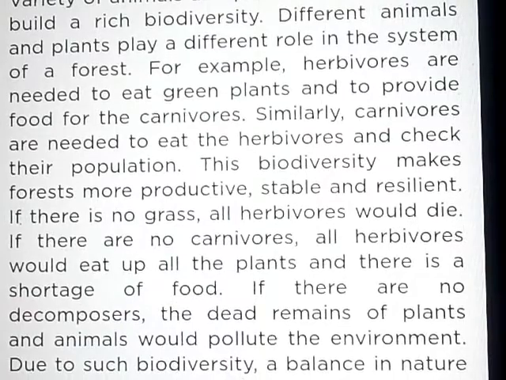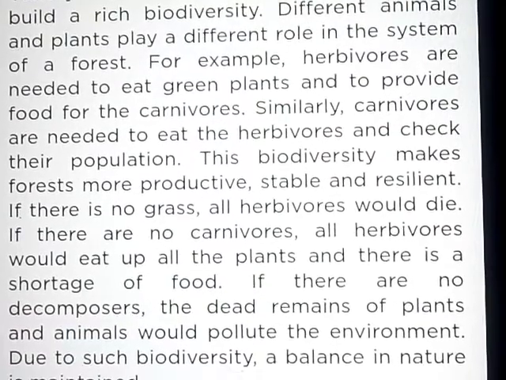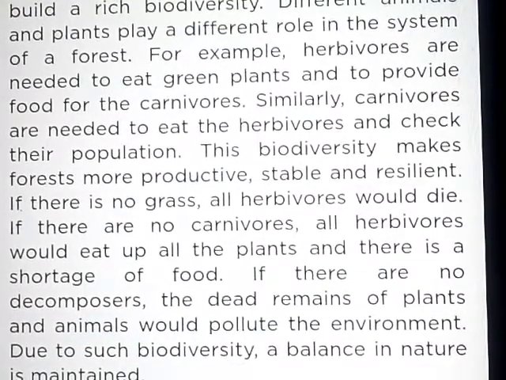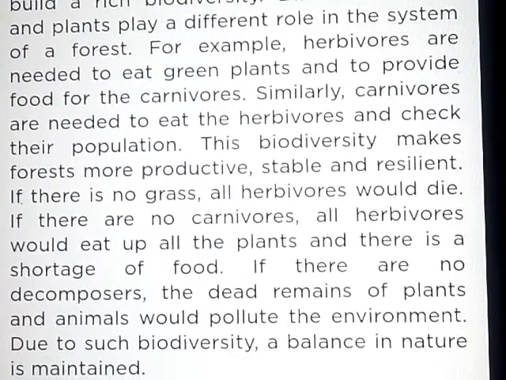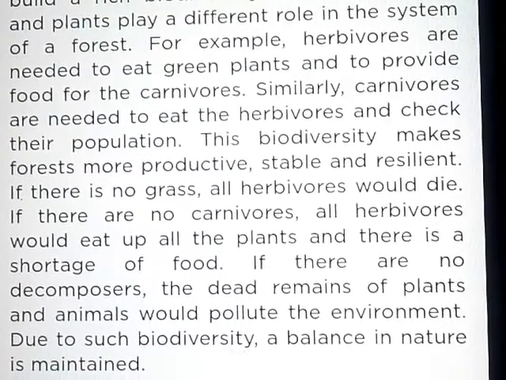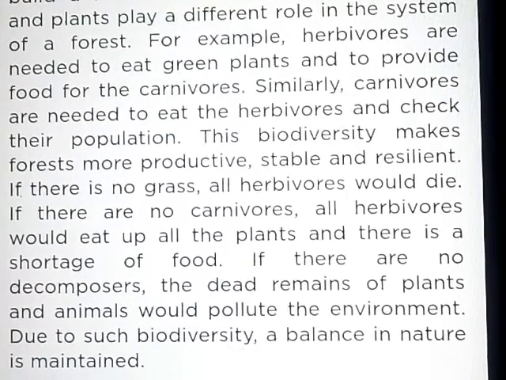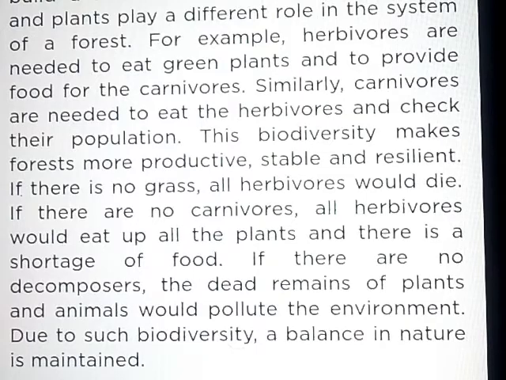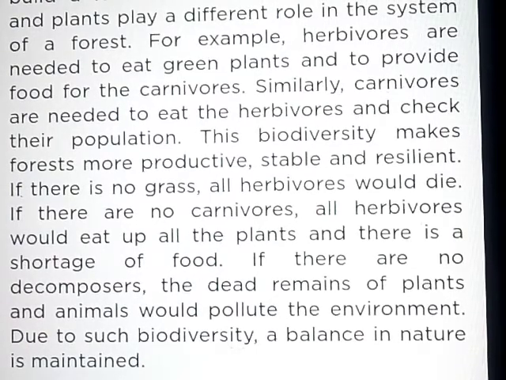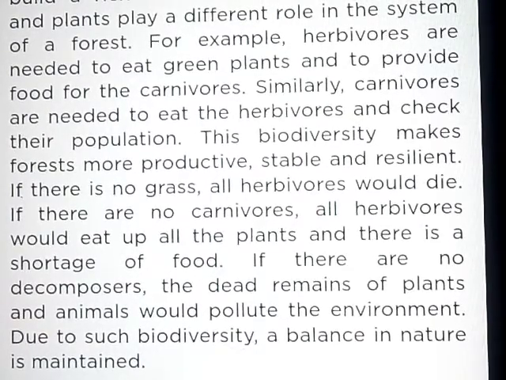For example, herbivores are needed to eat green plants and to provide food for the carnivores. Similarly, the carnivores are needed to eat the herbivores and check their population. This biodiversity makes the forest more productive, stable, and resilient.